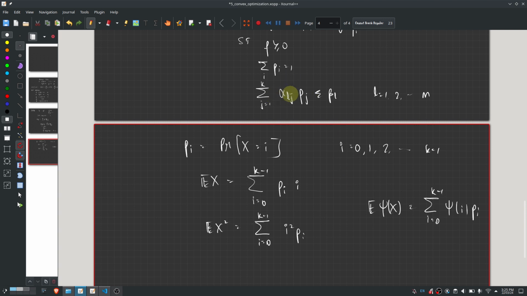So in general, I could just take these coefficients alpha_ij. In the case where I want the mean, alpha_ij is equal to just j. If it's the variance, then alpha_ij is equal to j square, and so on. So any moment constraint can very easily be posed as an inequality constraint of this particular form, right?